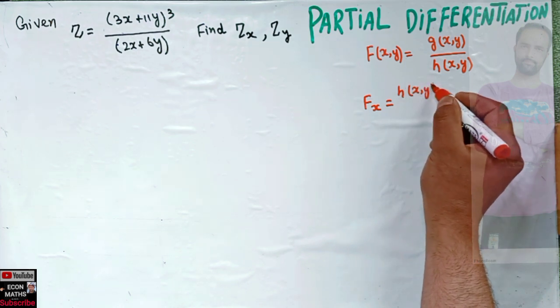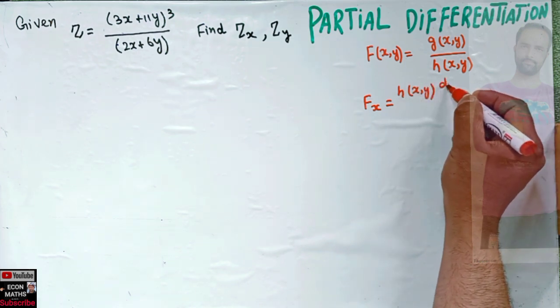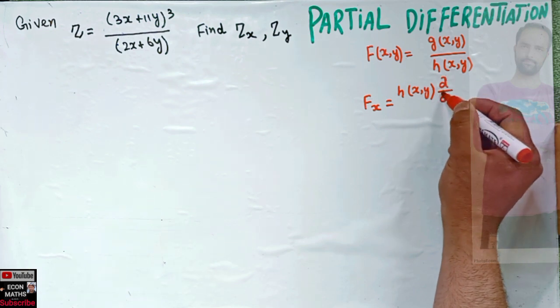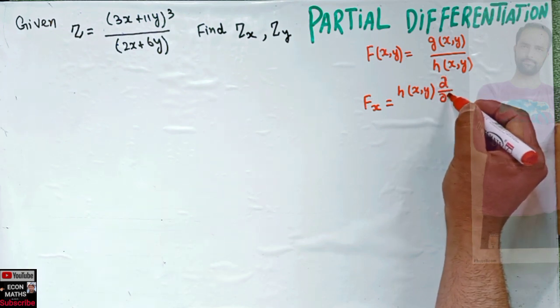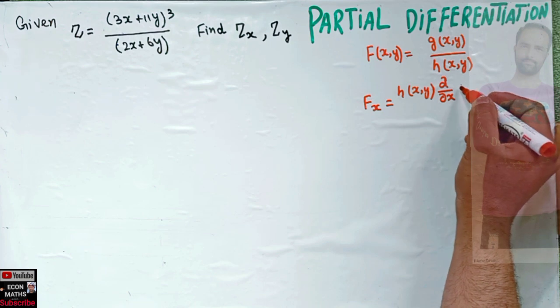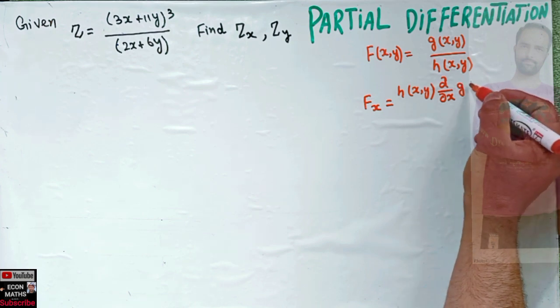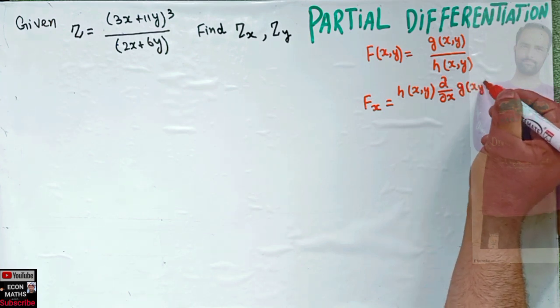xy, and take the partial derivative of this function, that is gxy.